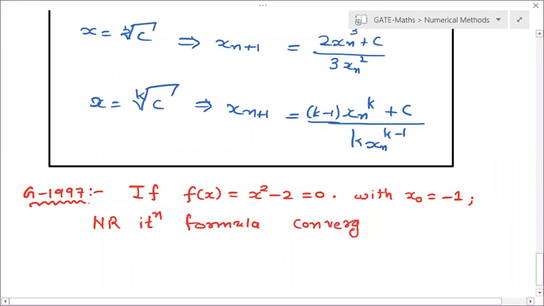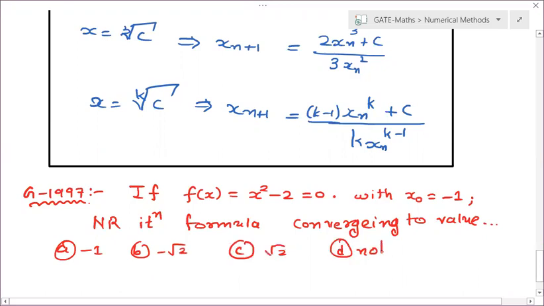They are asking where it is converging. Option A -1, option B -√2, option C √2, option D not converging.